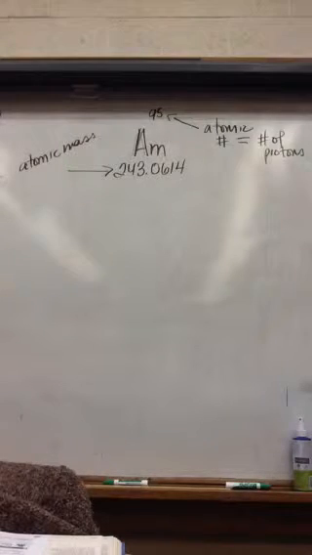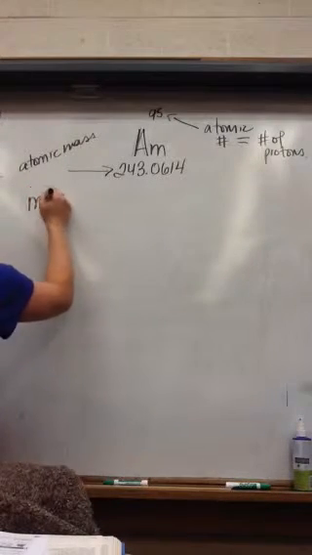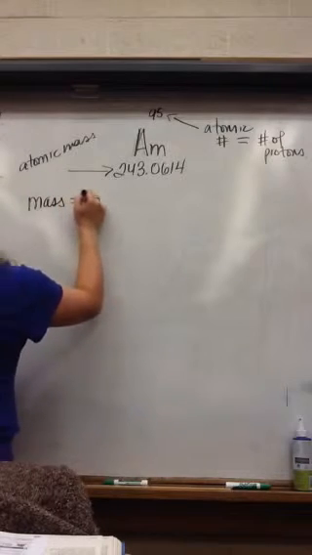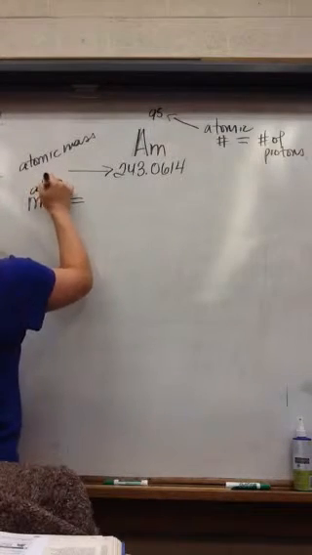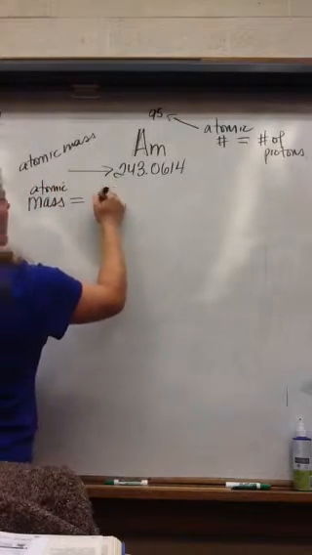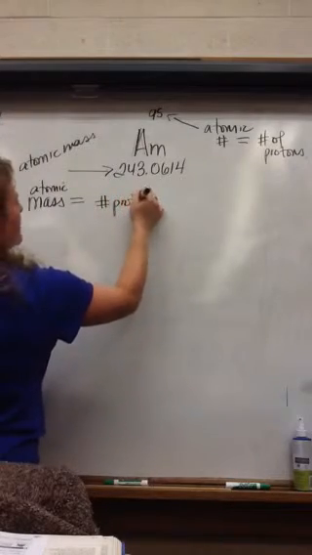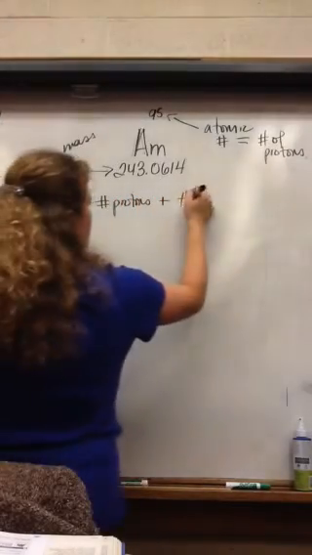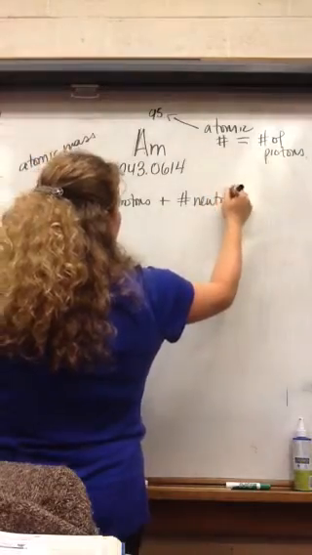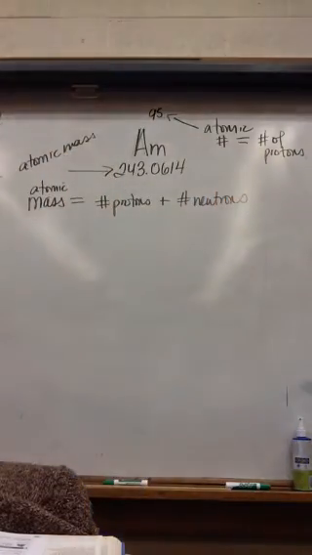And that atomic mass, we know, equals the number of protons plus the number of neutrons. Fantastic. Okay, good. That's established. And remember, we said we just take the mass of a proton and the mass of a neutron, we set them each equal to 1 AMU.